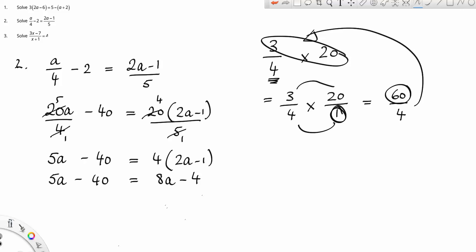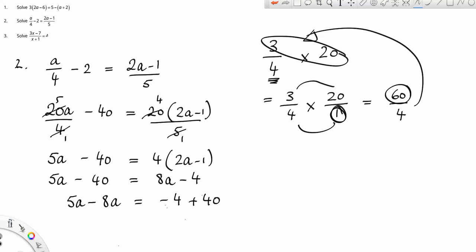Now I do my sort of swapping around and get the a's on one side and the numbers on the other. So the 8a as it comes across the equal sign will now become a minus 8a, so I'll have 5a minus 8a. I'll have minus 4. Then the minus 40 as it comes over becomes positive 40.